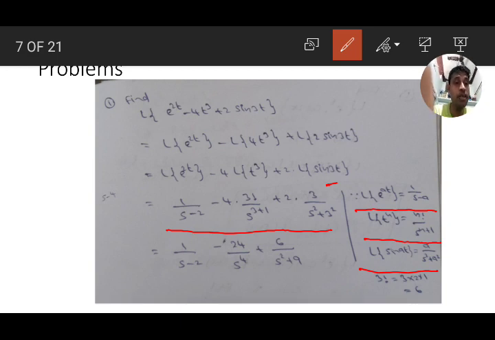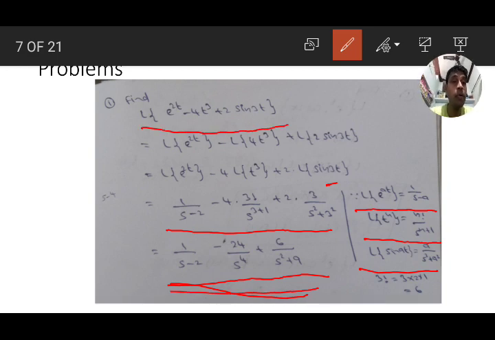By simplification, we get 1 by s minus 2. 3 factorial means 3 into 2 into 1, that is 6. 6 into 4 is 24 by s to the power of 4, plus 6 by s square plus 9. So the final answer is: Laplace transform of e to the power of 2t minus 4t cube plus 2 into sine 3t is 1 by s minus 2, minus 24 by s to the power of 4, plus 6 by s square plus 9. Okay, understood?